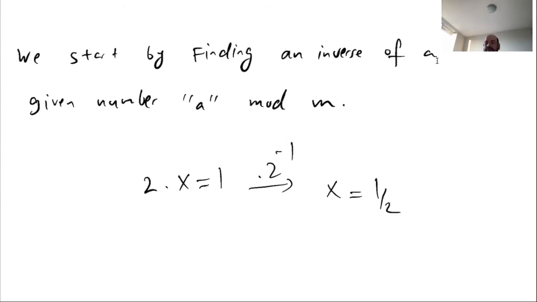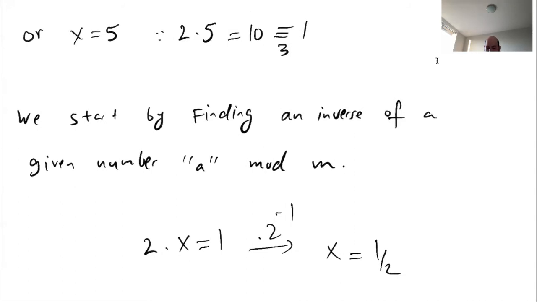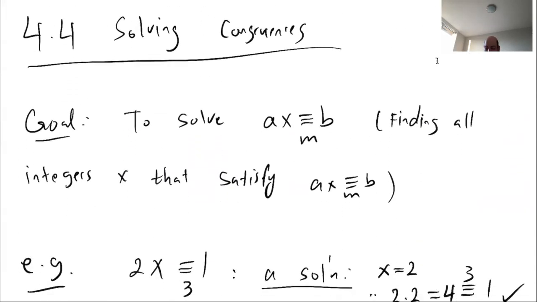So we want to apply the same idea and multiply both sides with the inverse of A. Let's say our congruence is AX congruent B mod M. We want to multiply both sides with the inverse of A, but the inverse of A is the inverse mod M.